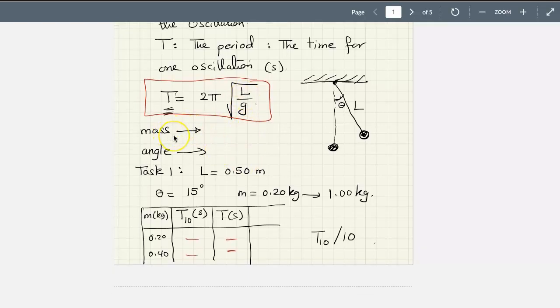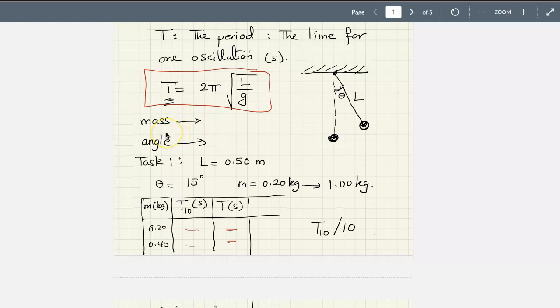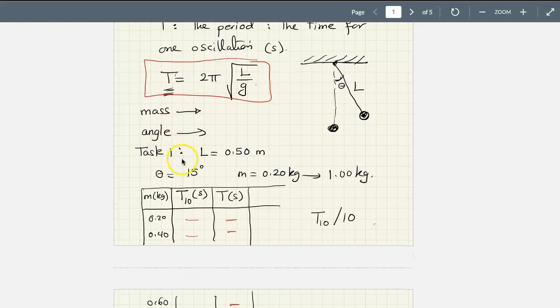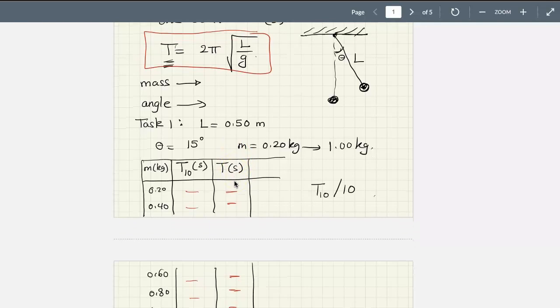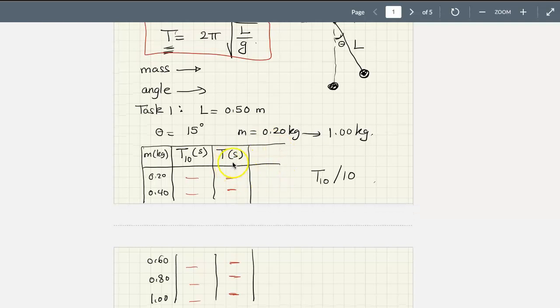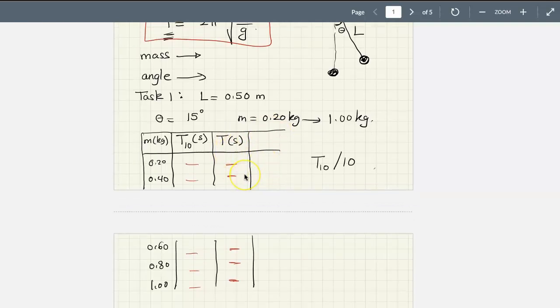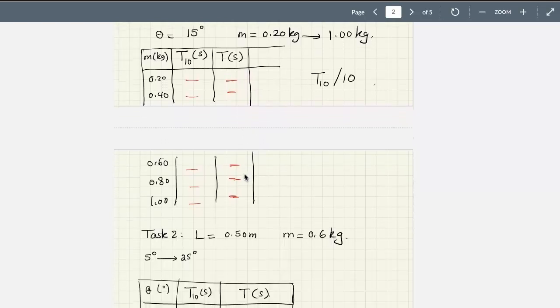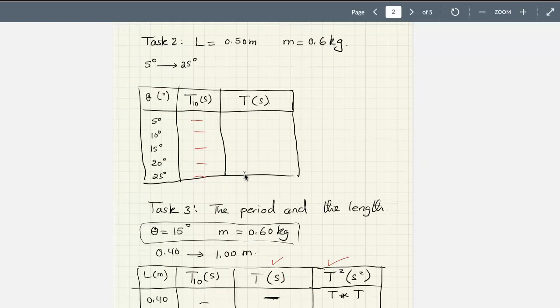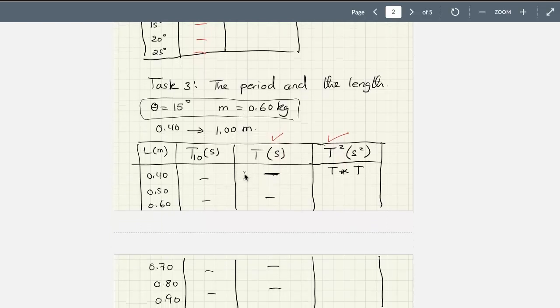Now you're going to see if the mass affects significantly the period or the angle. Now, of course, here my numbers are different. Stick with the numbers in the handout that I was talking to you about, because here I'm showing you my data, and then I'm explaining to you task 1, task 2, task 3 the same way.